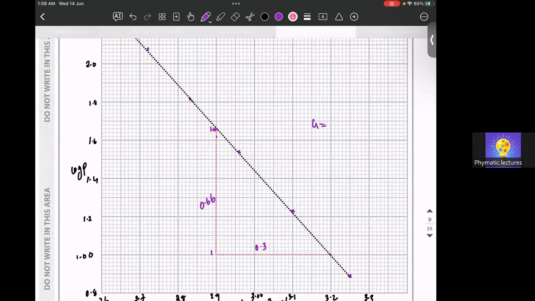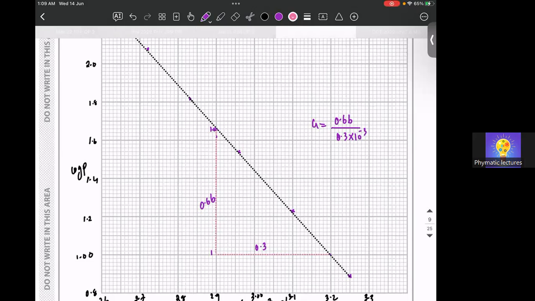So the gradient is equal to 0.66 divided by 0.3 into 10 to the power of -3. So what value of gradient are you getting?